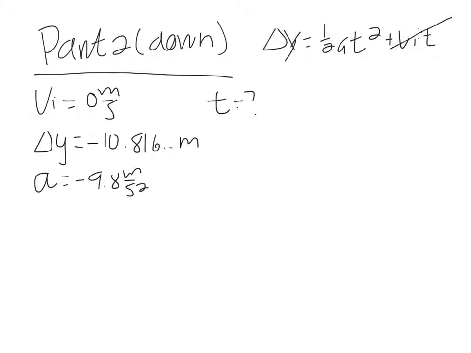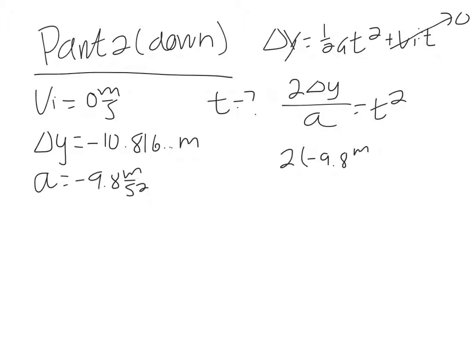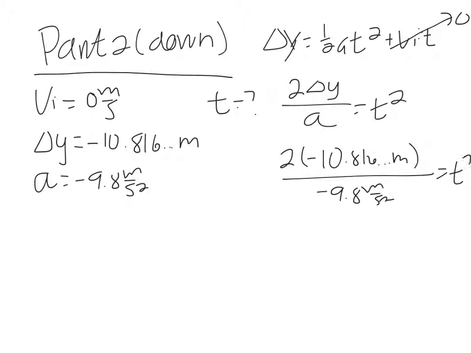Going down, v initial is 0. 2 delta y over a equals t squared. 2 times negative 10.816 meters divided by negative 9.8 meters per second squared equals t squared.